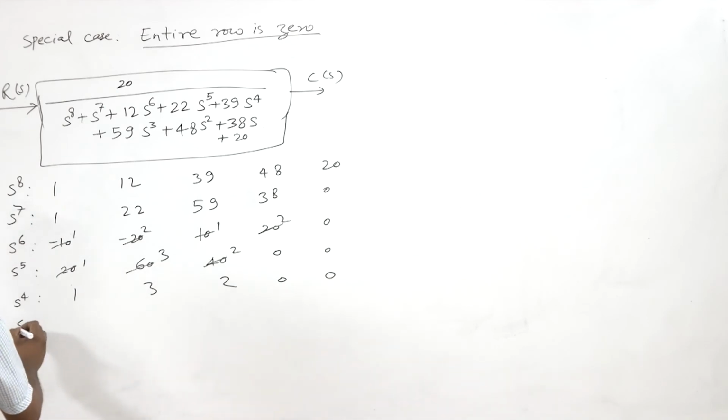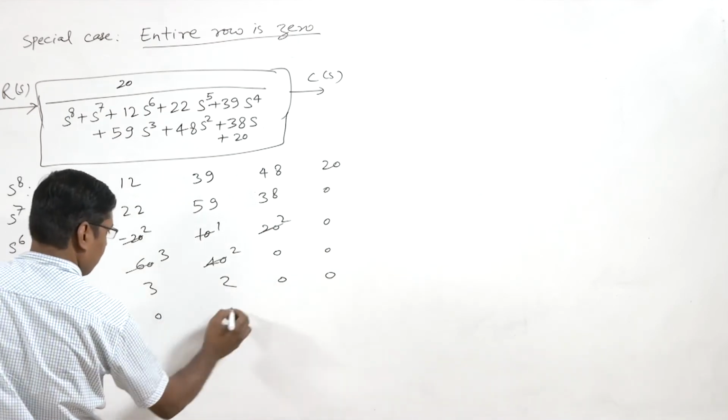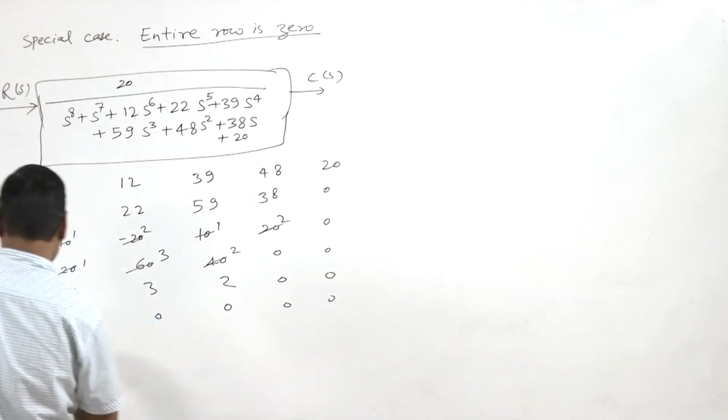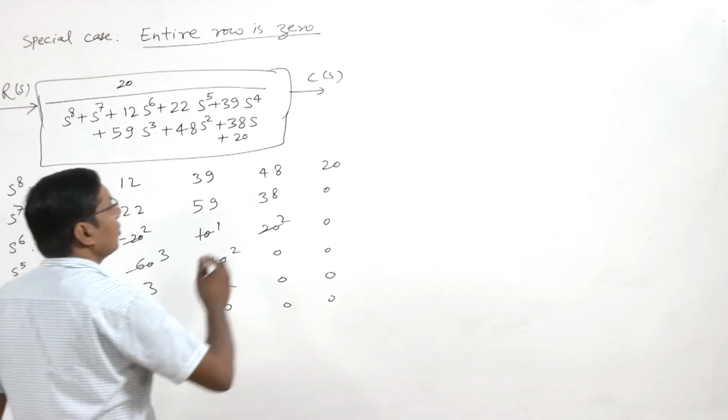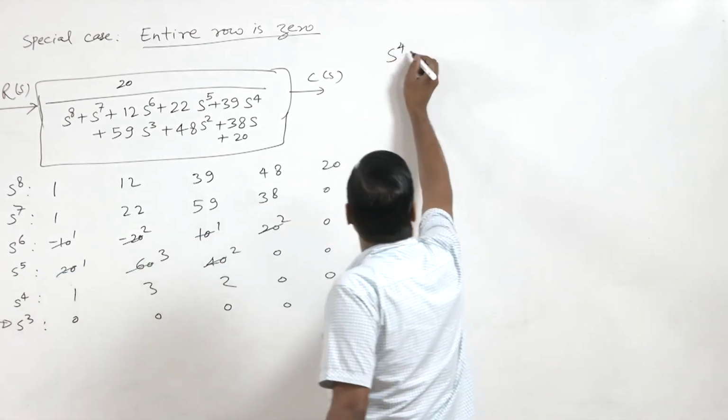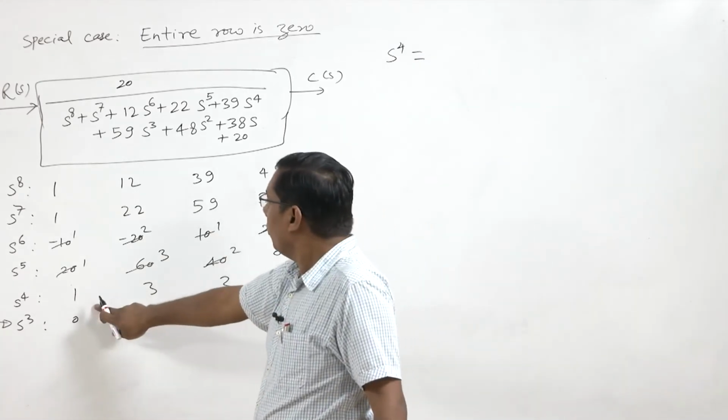Now S power 3 we will get zeros. So all this S3 row is 0. So we have an even polynomial starting from S power 4. So here S power 4 equal to 1.